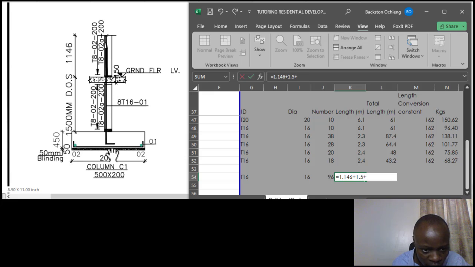Actually, for this case what I would always advise is that you take the whole of it, which is 450, but then you subtract what we call the cover. Cover is 50, so the 450 minus 50 should give you 400. So that is 0.4. For the 0.4, you shall have reached just the straight bar, but you've not included the bend.